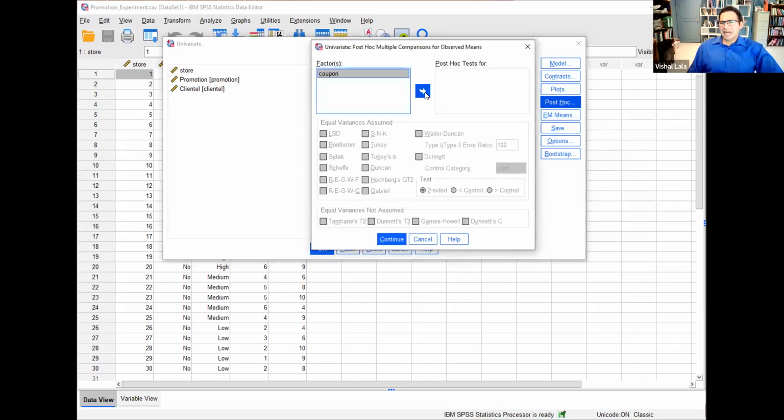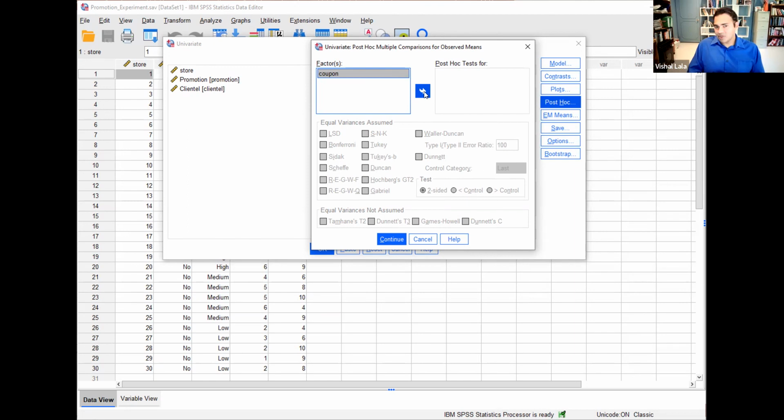Now, I could set a post-hoc test out here, but let me tell you why it would be silly to do so. Once ANOVA, your tests of between-subjects effects, tells you that the groups are different, you already know that means coupon and no coupon are different. There is no third group.